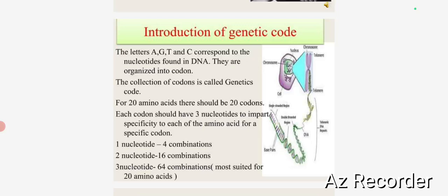One nucleotide gives 4 combinations. For example, 2 nucleotides mean 16 combinations in total. 3 nucleotides mean 64 combinations, which is the most suited for the 20 amino acids of the genetic code.